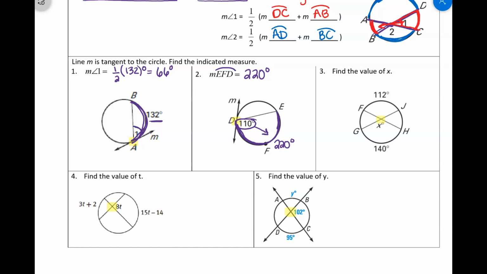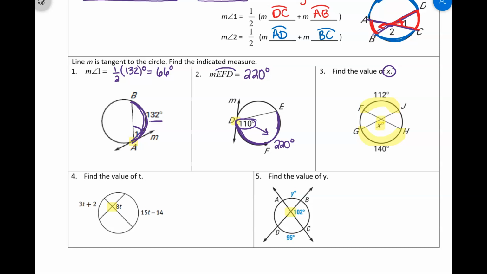Now for 3, 4, and 5, we must think about averaging the arcs. It says find the value of x. Notice that x is here. This is the arc and this is the arc opposite of it. We need to average the arcs to find the value of x.